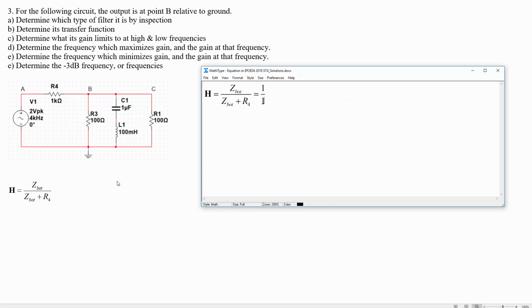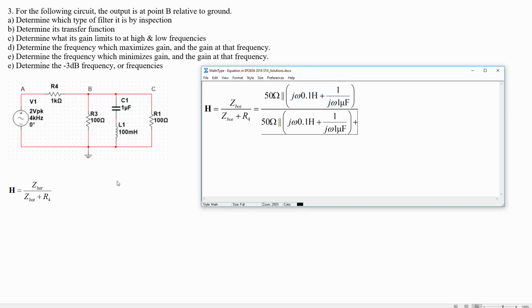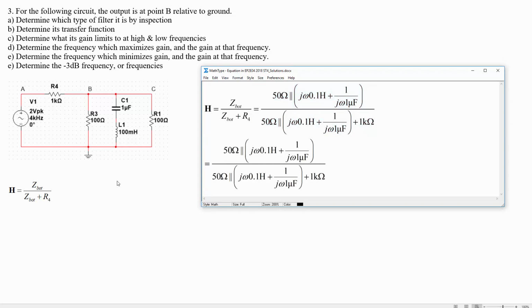Since that is going to show up twice, we may as well just divide by it, actually, I guess I'll still write it in there, like that, plus R4, 1 kilo ohm. And then, when we combine these two together, that'll give us 1 plus this thing over the sum of the inverses of this.